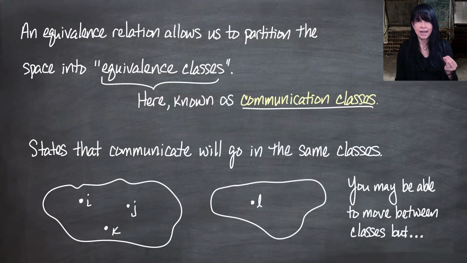So starting from state I, if I could somehow get to state L, and maybe I can move between other states in here that I haven't even plotted, I should not be able to move back to J or K or I. Otherwise, I would get from L to I, I would have gotten from I to L. They would have communicated. They should have been in the same class.